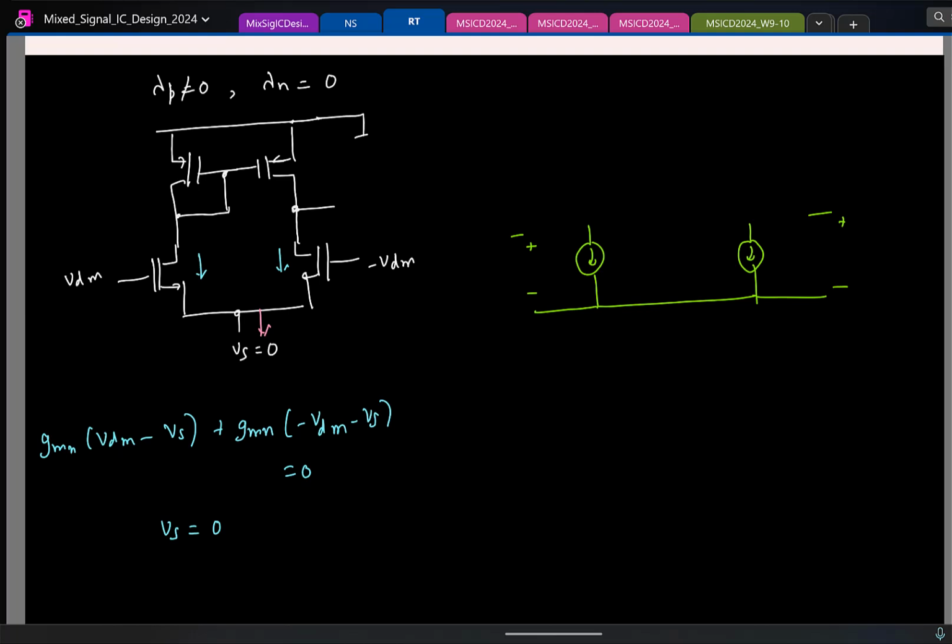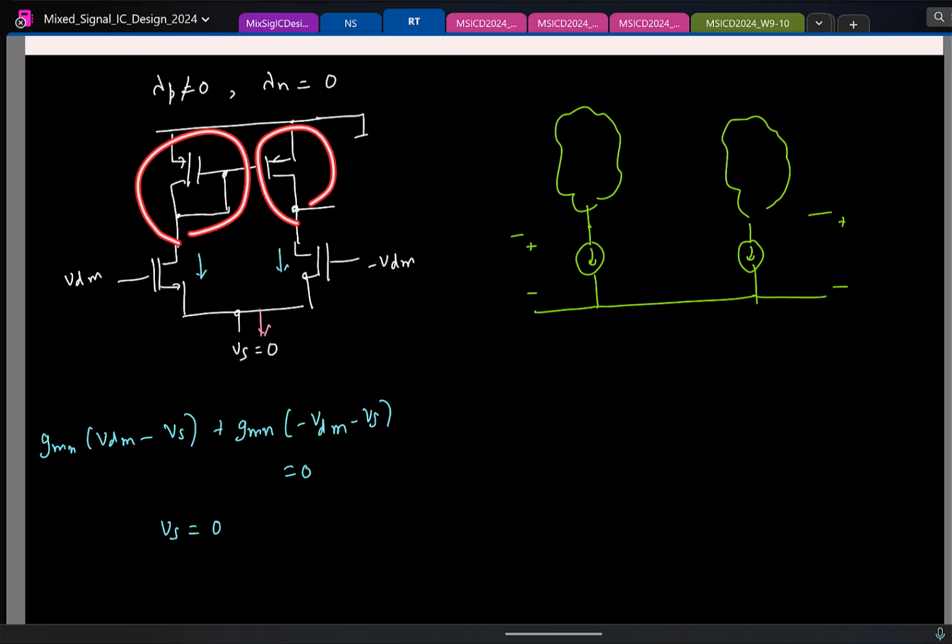So this is the small signal equivalent for this. Now I have ignored lambda, so only the current source is going to be there, and then at the top I'll have something. Now I know for a fact that these two are not the same, right? So this will be some network A, some network B.